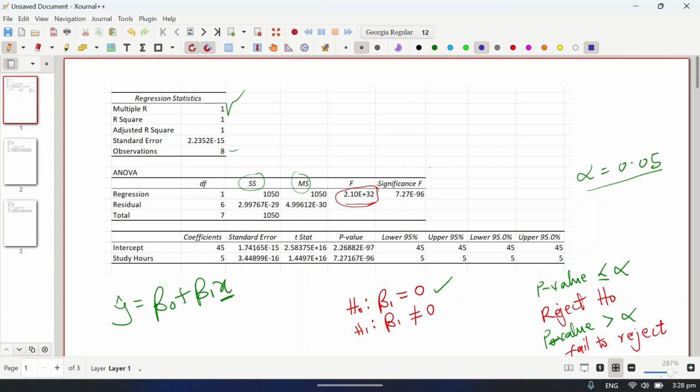Which means that our P value over here is not even less than or equal to, it's less than our alpha value.